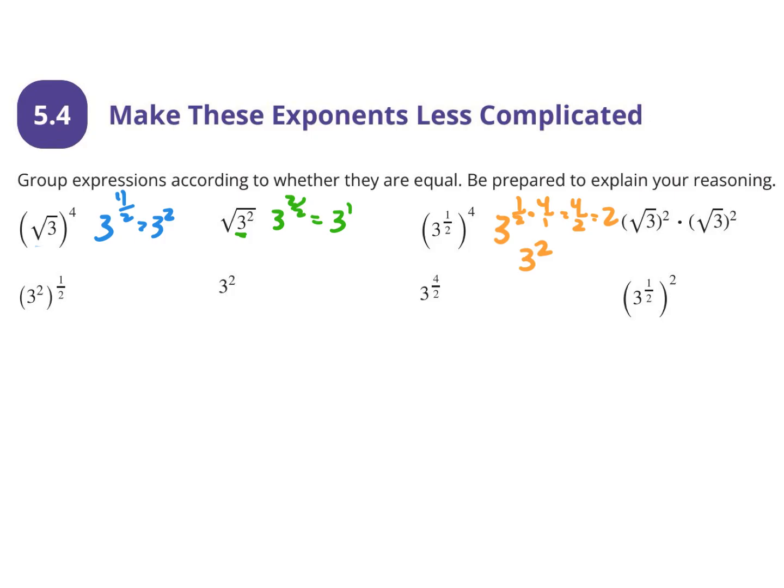All right, this one right here becomes 3 to the 2 over 2 times 3 to the 2 over 2. We know 2 over 2 is 1, so that's 3 squared. Because when you add fractions, add the tops. If the bottoms are the same, 2 plus 2 is 4 over 2. 4 over 2 is 2.